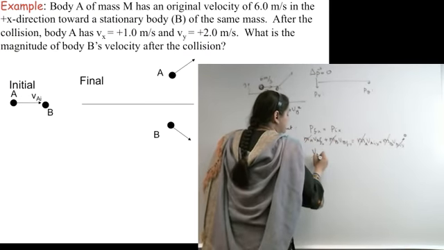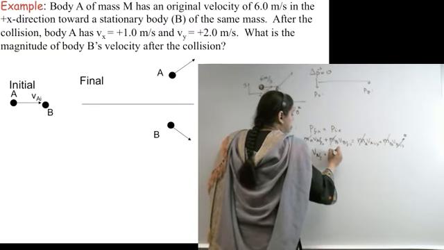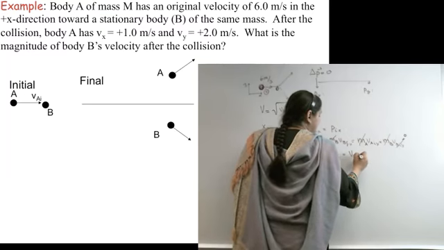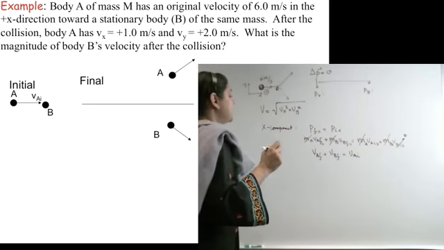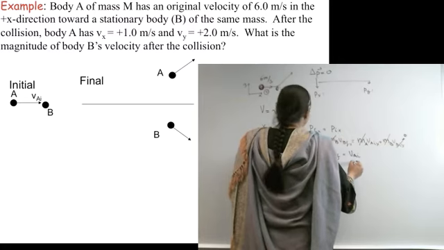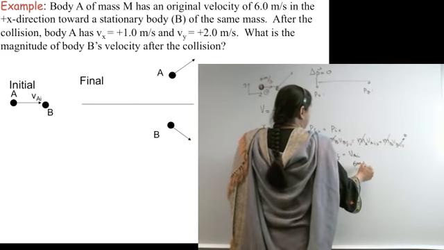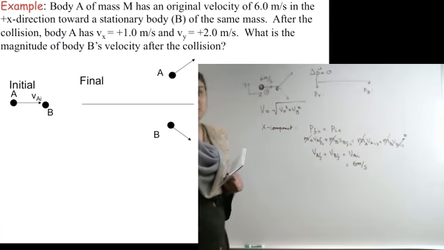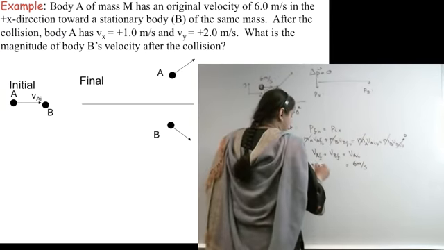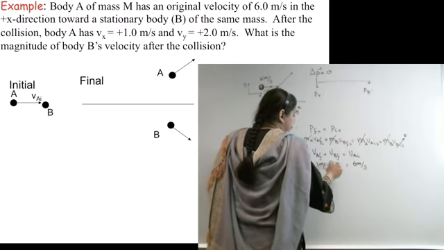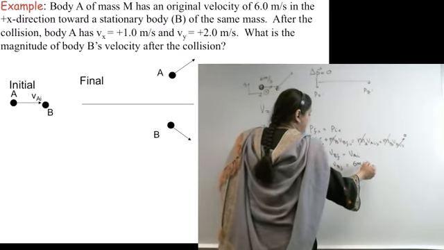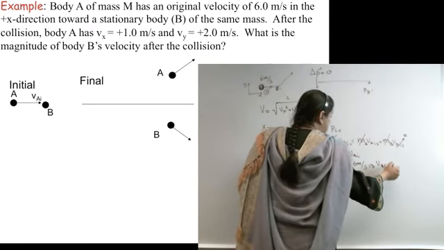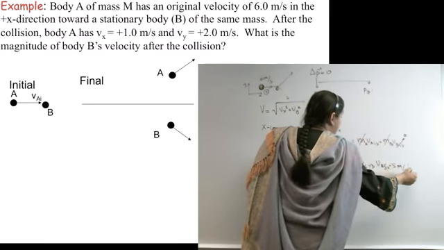So that means velocity A final plus velocity B final should equal velocity A initial. Velocity A initial was 6 meters per second. Velocity A final, as the question gives me, is plus 1 meter per second, plus VBF. That implies that VB final in the x direction is 5 meters per second.